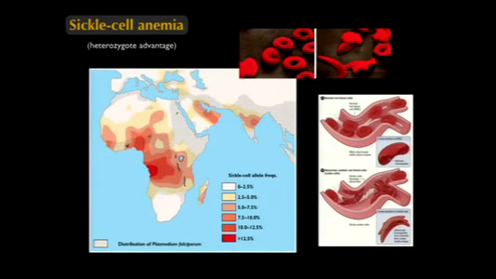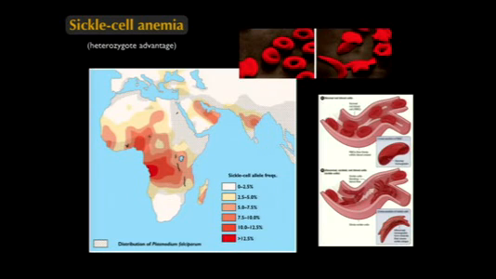Another example from Africa, in a really difficult disease that humans experience called sickle cell anemia, which you've no doubt heard of. Let me make a couple points about that and then give you a few numbers to play with for looking at Hardy-Weinberg relationships in a population in West Africa.